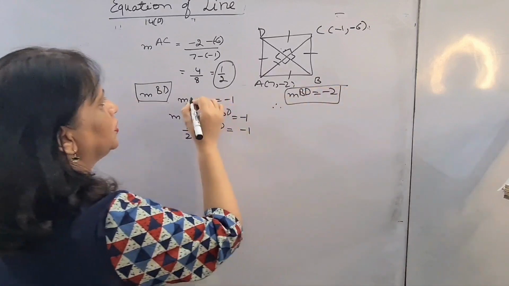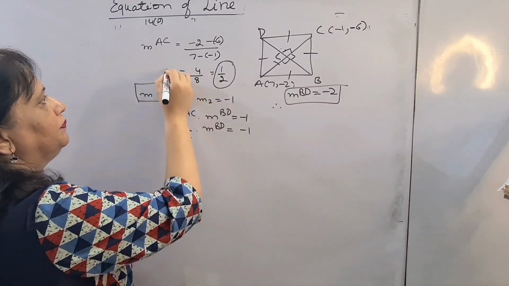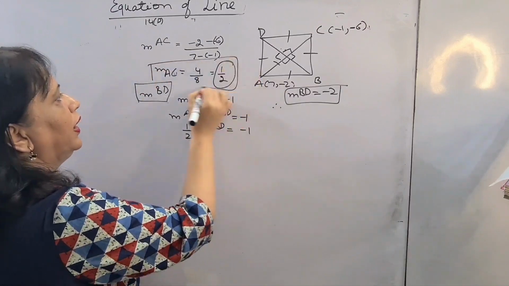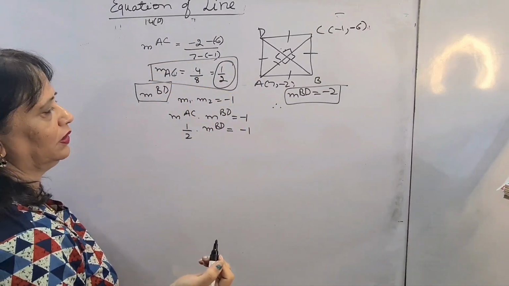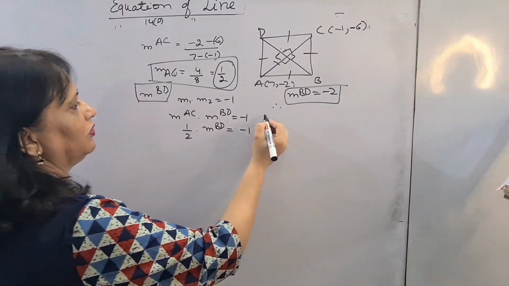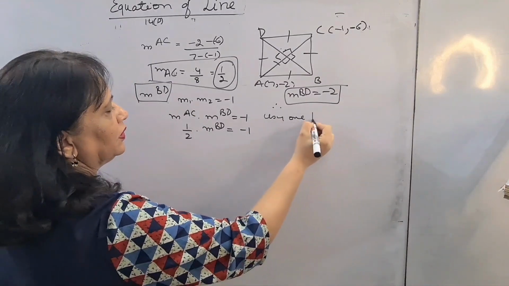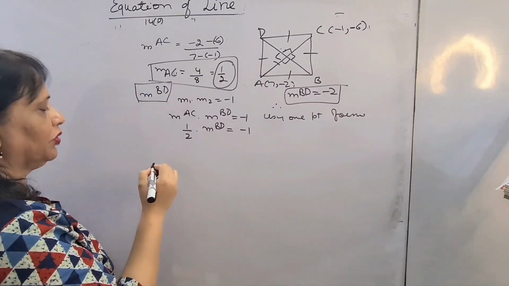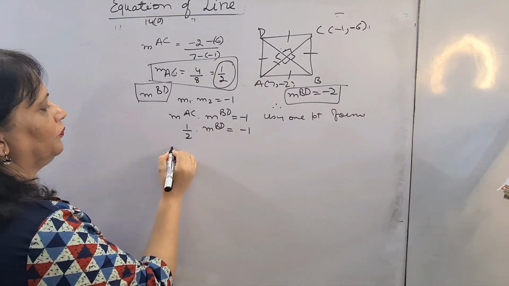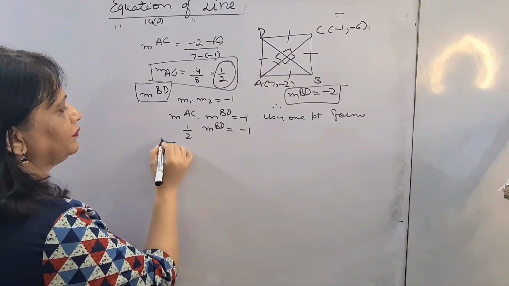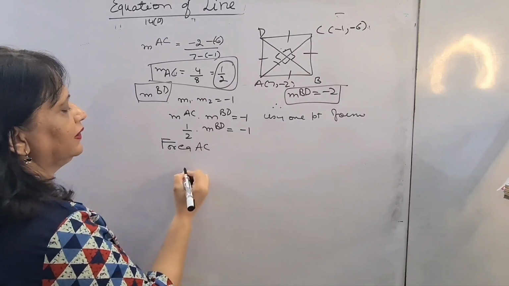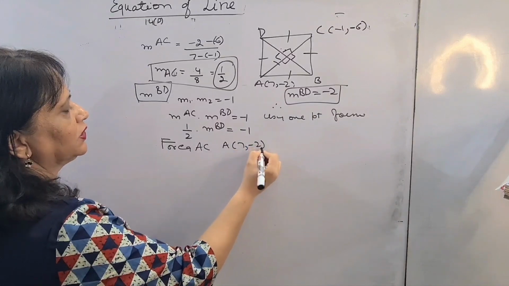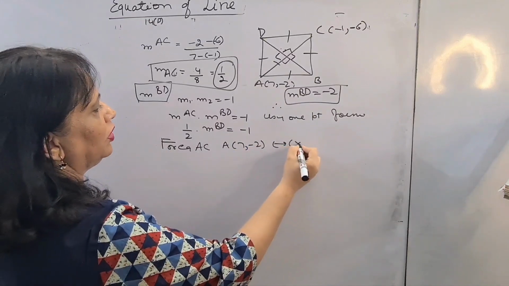Now, both the slopes you know, slope AC, that is 1 upon 2, and slope BD. Now you have to frame the equation. So using the 1-point form for both, you can mention the form once in the question, then you carry on. For the equation of AC, the point A will be (7, minus 2), that will be x1, y1.